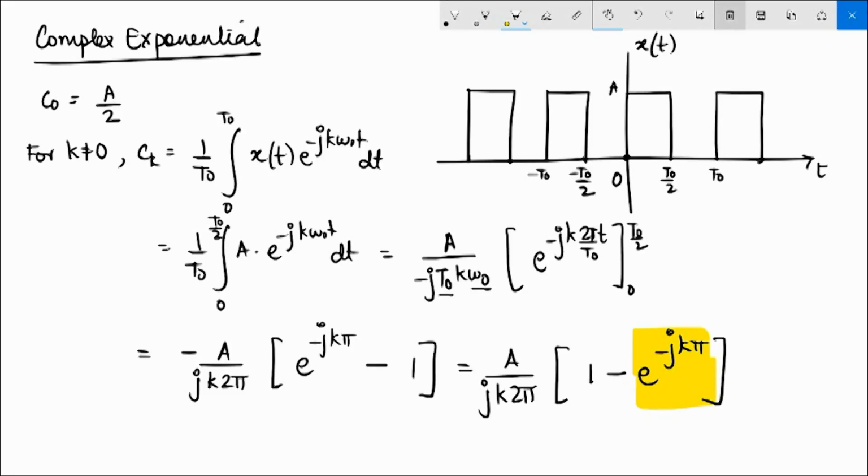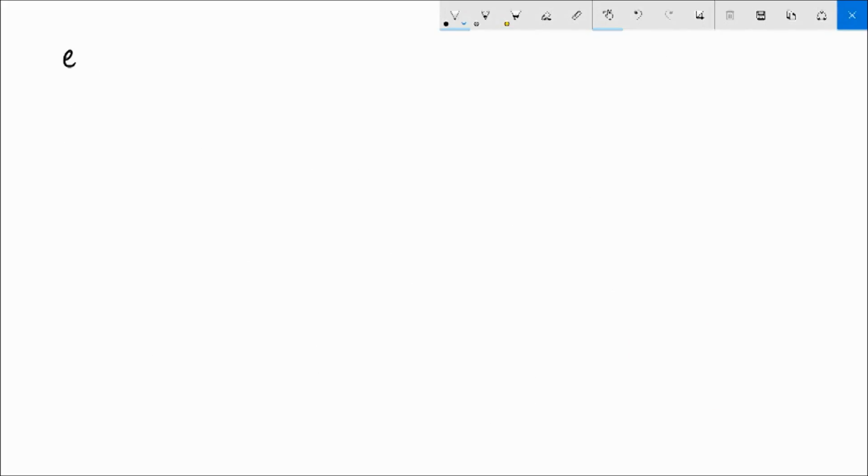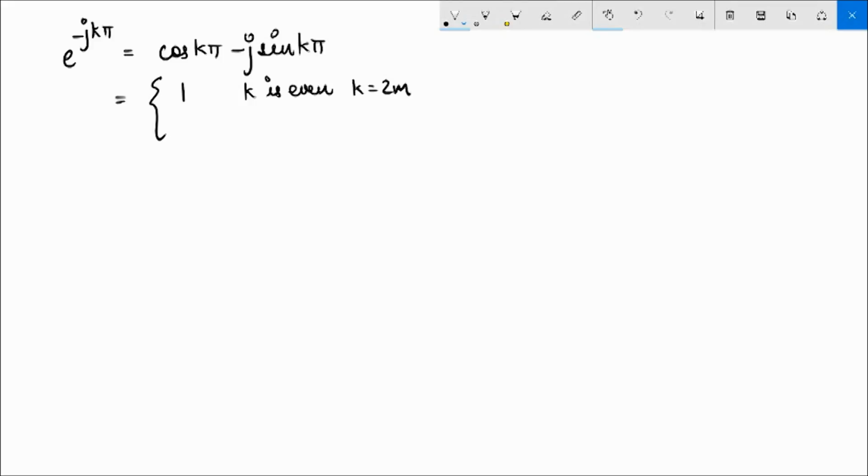Okay, let's look at it in the next slide. Now by Euler's relation, we know that e to the power minus j k pi is cos k pi minus j sin k pi. Now sin k pi will always be 0 irrespective of what k is, but cos k pi will be equal to 1 when k is even, that means k is equal to 2m, and it's going to be minus 1 when k is odd, that means k is of the form 2m plus 1.